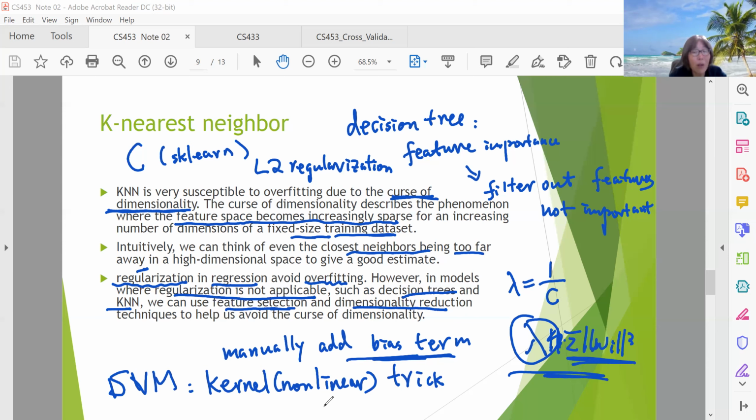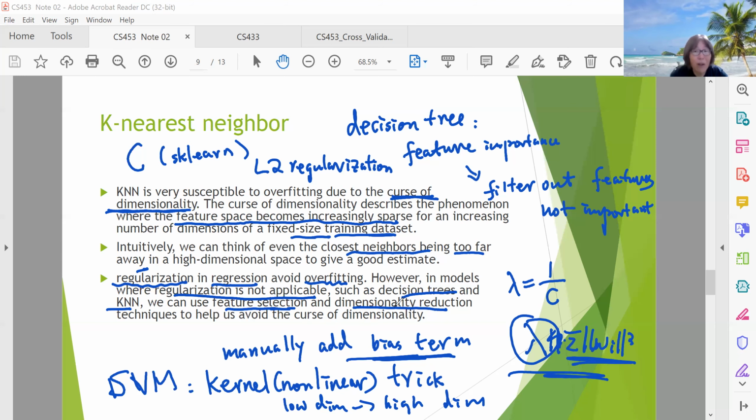And for the kernel trick, basically it's to get from low dimension to high dimension. You increase the dimension so that we can find the hyperplane that can separate the classes.